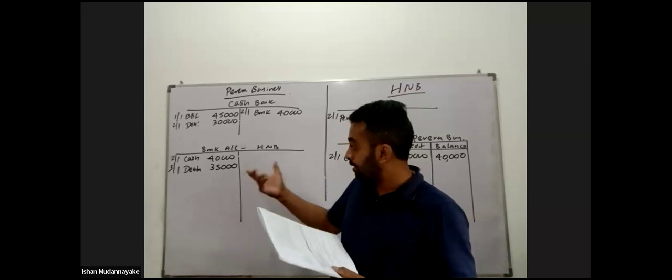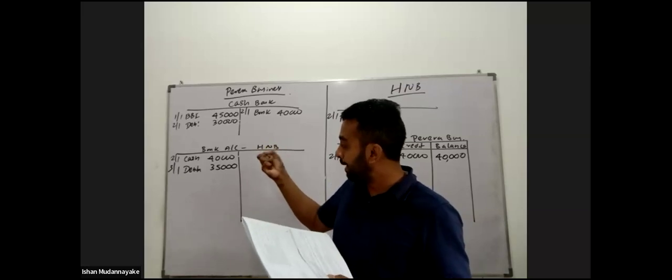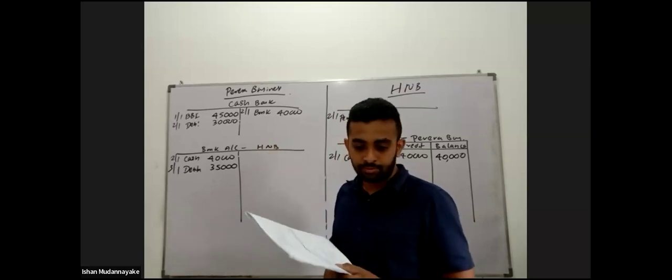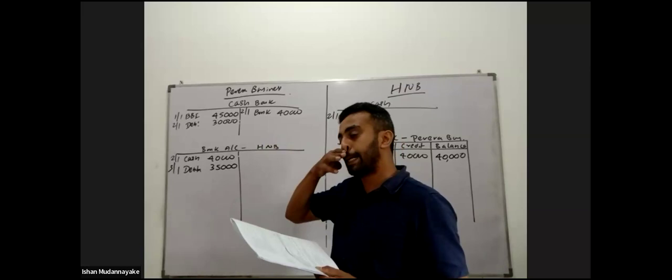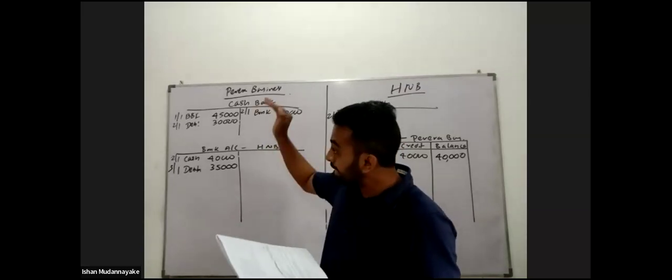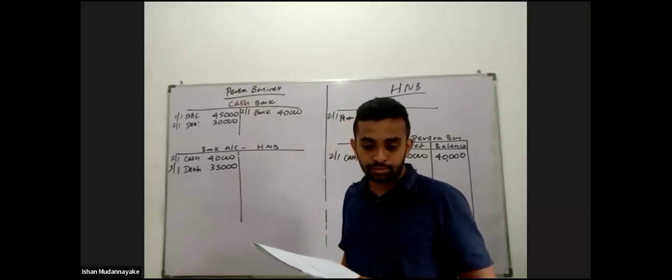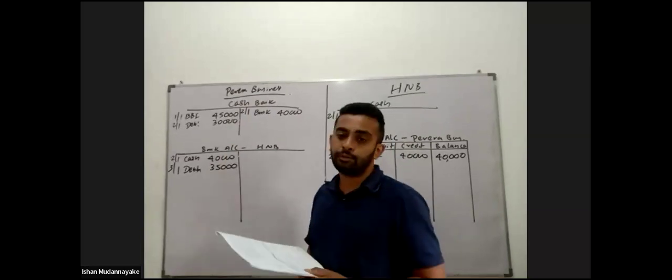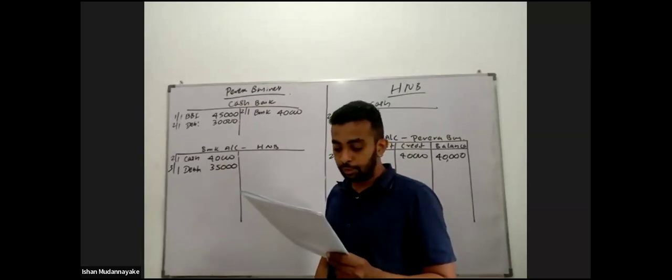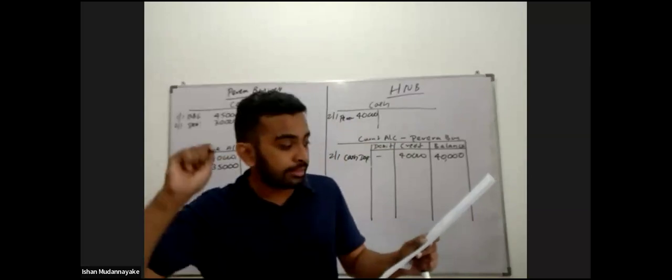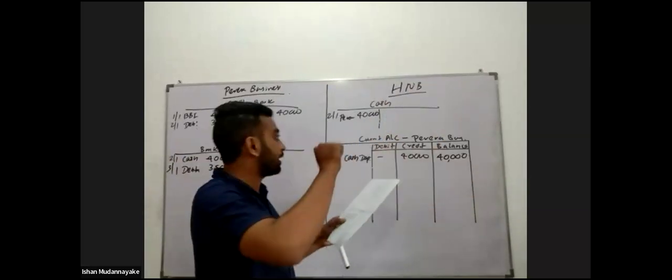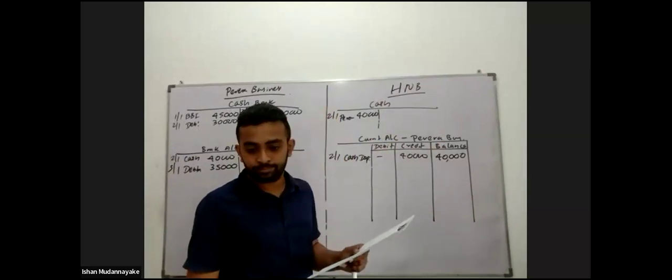This is how Pereira passed double entries. After receiving this 35,000 check, Pereira's debtor asset decreased by 35,000 and the bank asset increased by 35,000. And on the same day, Pereira deposited the 35,000 check in the HNB bank.